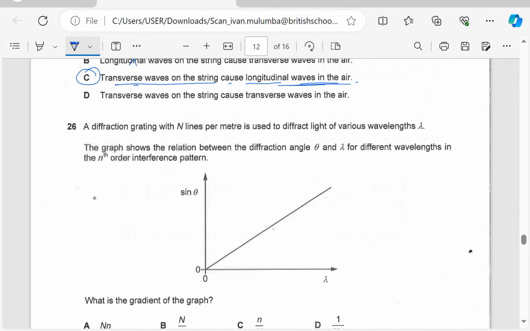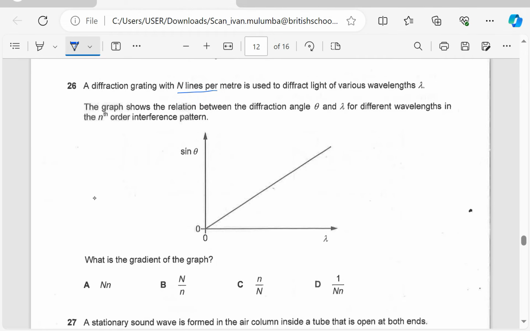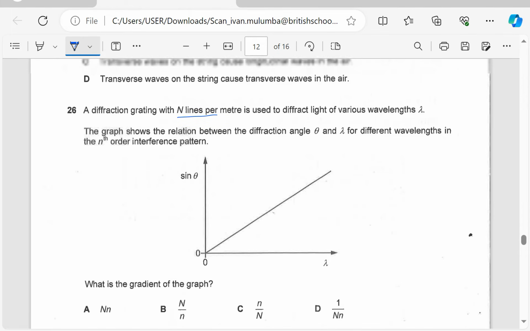A diffraction grating with N lines per meter is used to diffract light of various wavelengths. The graph shows the relation between sin theta and lambda for different wavelengths in the nth order interference pattern. Remember, for a diffraction grating, n lambda equals d sine theta.